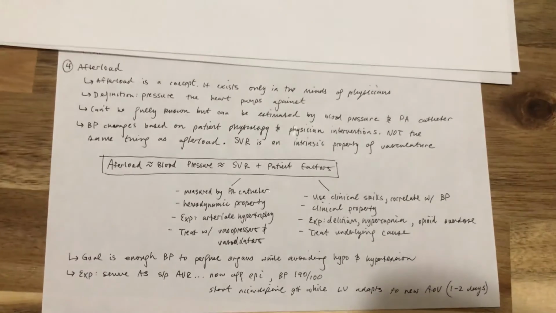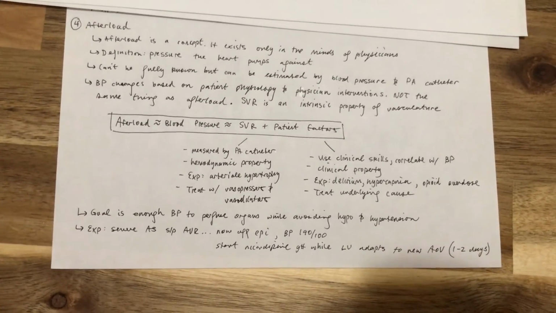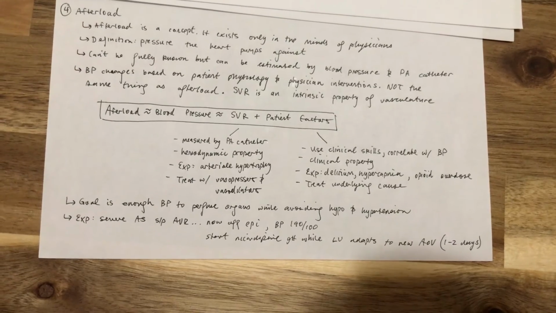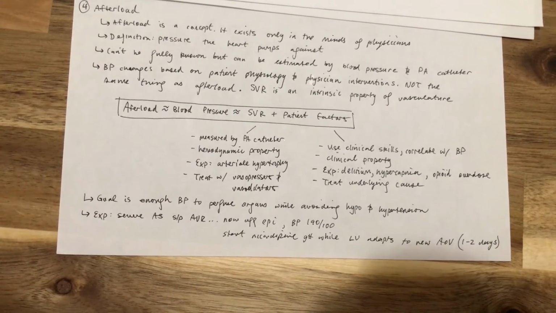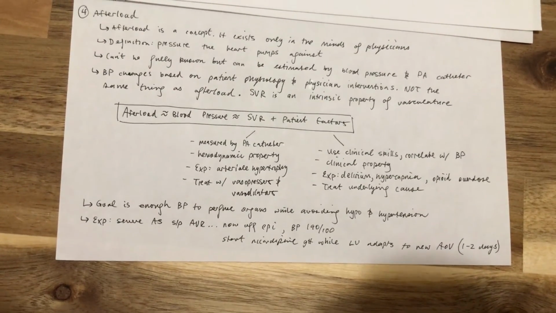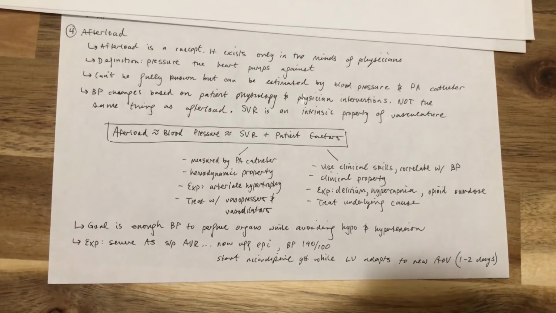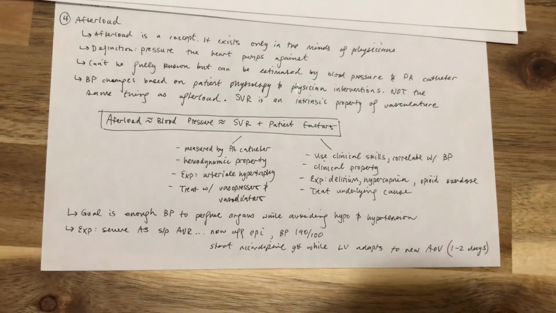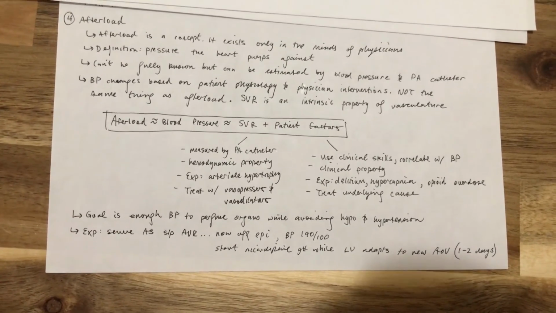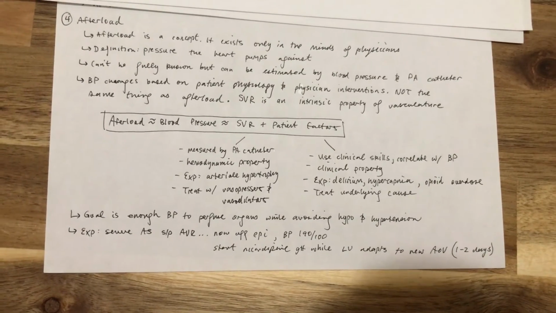And in the ICU, it's kind of a game of: is this a patient factor, or am I actually treating the baseline disorder of the blood vessels? So it's just something to think about whenever you see really low blood pressure or really high blood pressure. Always think, what is the underlying problem?